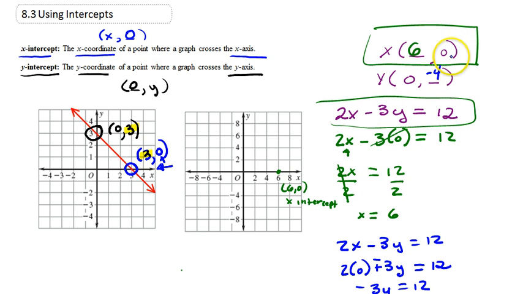Okay, now let's graph this line. We know our x-intercept. We've got that here. Now let's mark our y-intercept. It's going to be 0 on the x-axis, and then we've got a negative 4 right here. Now I just need to make my line.